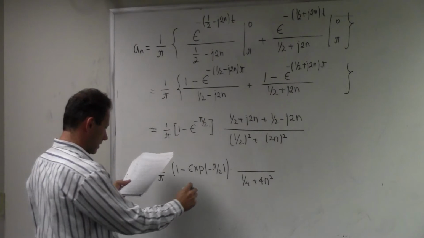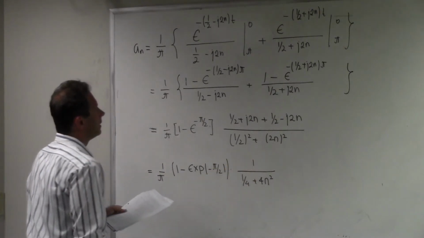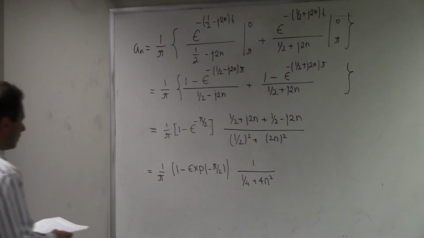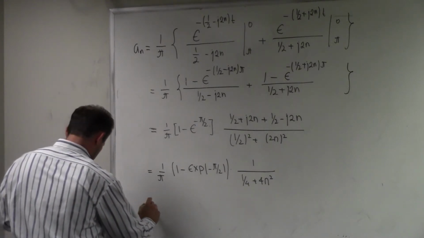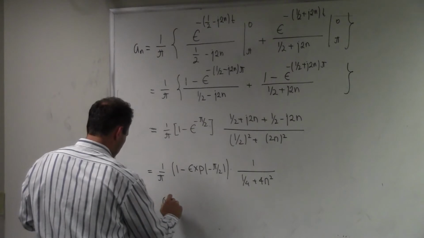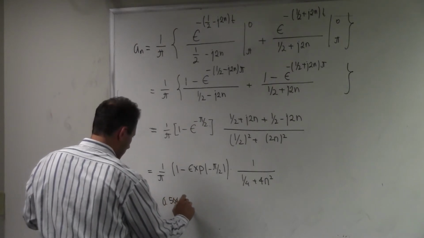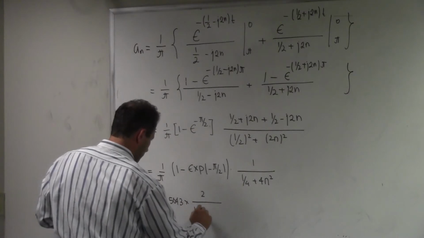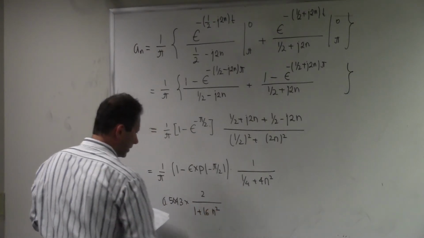And here I have 1, right? If I didn't make a mistake anywhere. Okay. So when you calculate this, this is 0.5443 times 2 over 1 plus 16n squared.